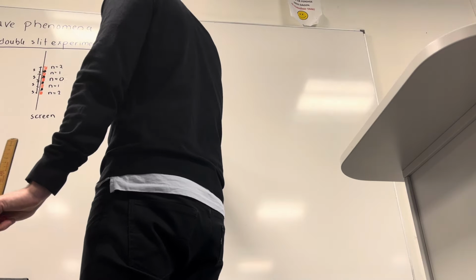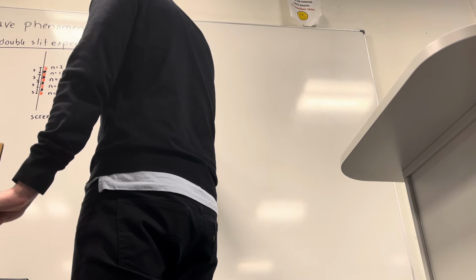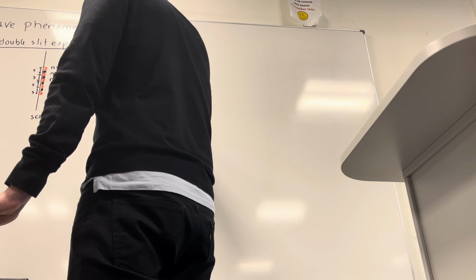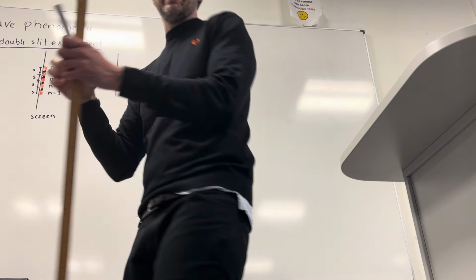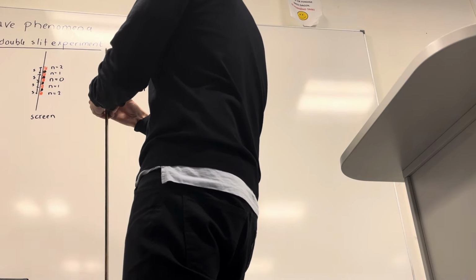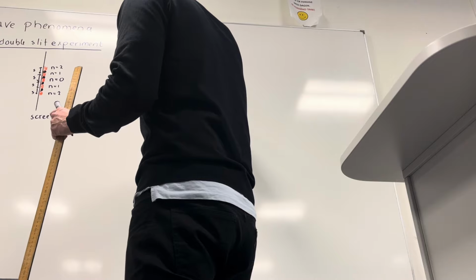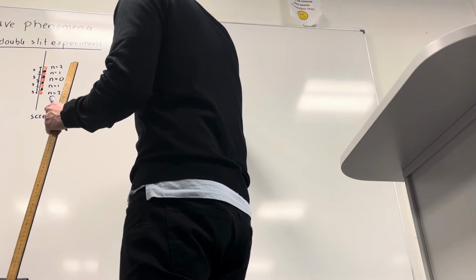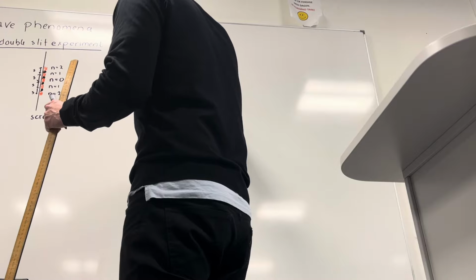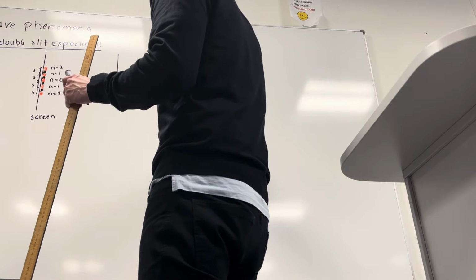I can then draw this wavelength here, draw this wavelength here, and in another color I can draw the same wavelengths. And then you can map out the regions where you get constructive interference.